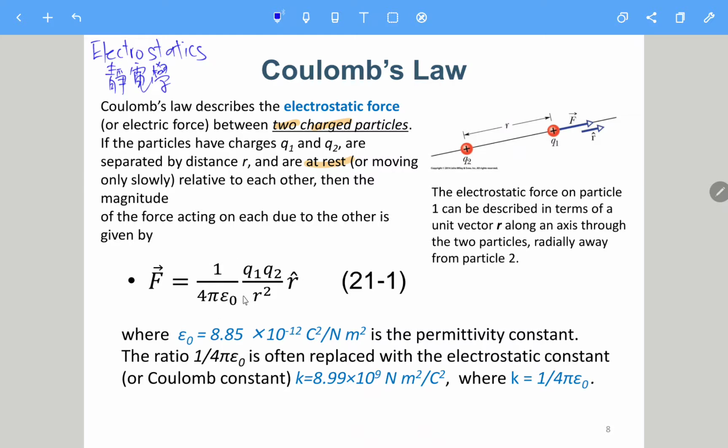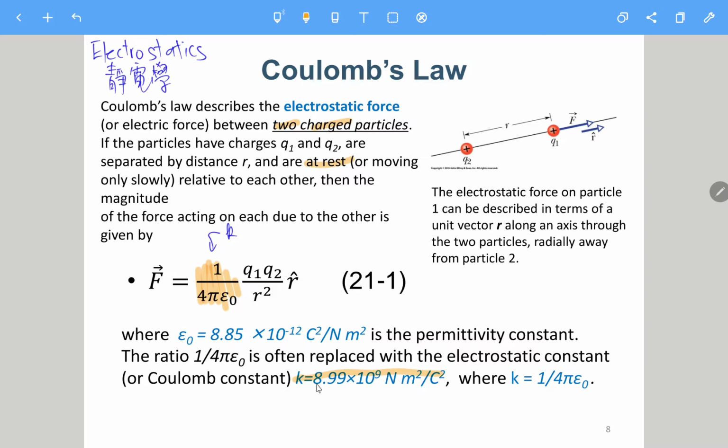We will use this constant really, really often in the whole semester. So 1/4 pi epsilon naught, we usually call this one K.